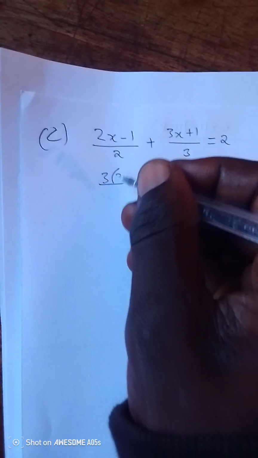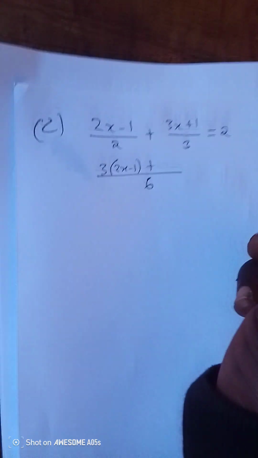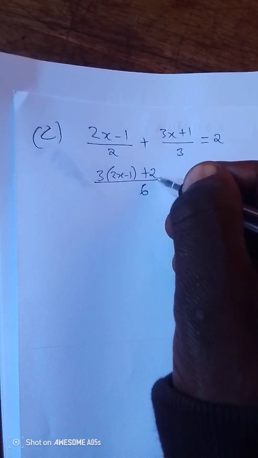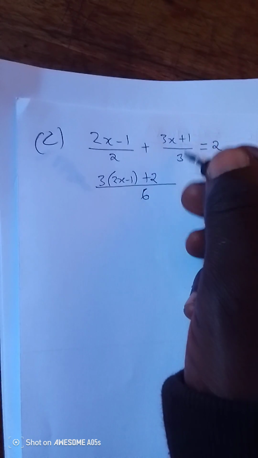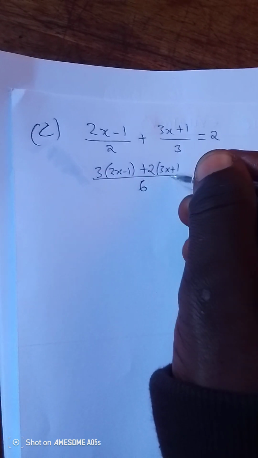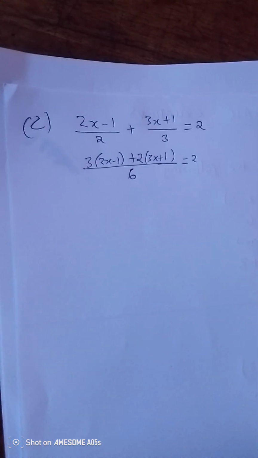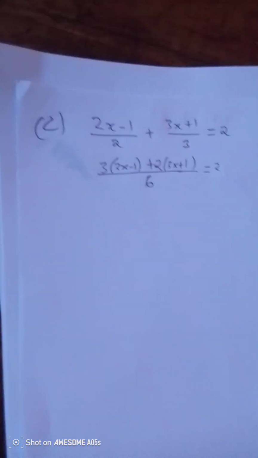Then 3 into 6 is 2. This answer 2 should multiply the top number where the 3 is. So this case is about multiplying.